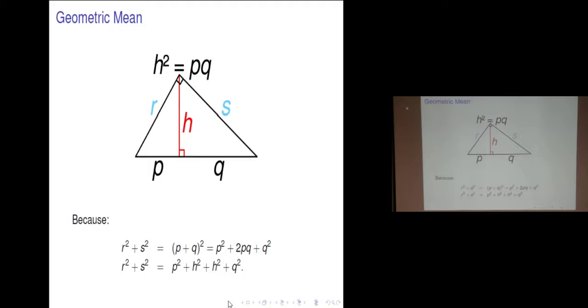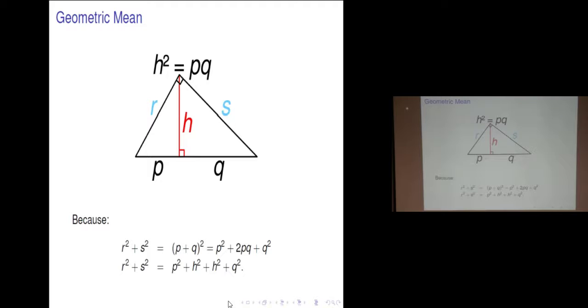This is where I locate H. And then I draw a half circle with radius half of P plus Q. Imagine here is the middle point, and then I draw the circle. The circle will hit the red line somewhere, and this point will give me the H.